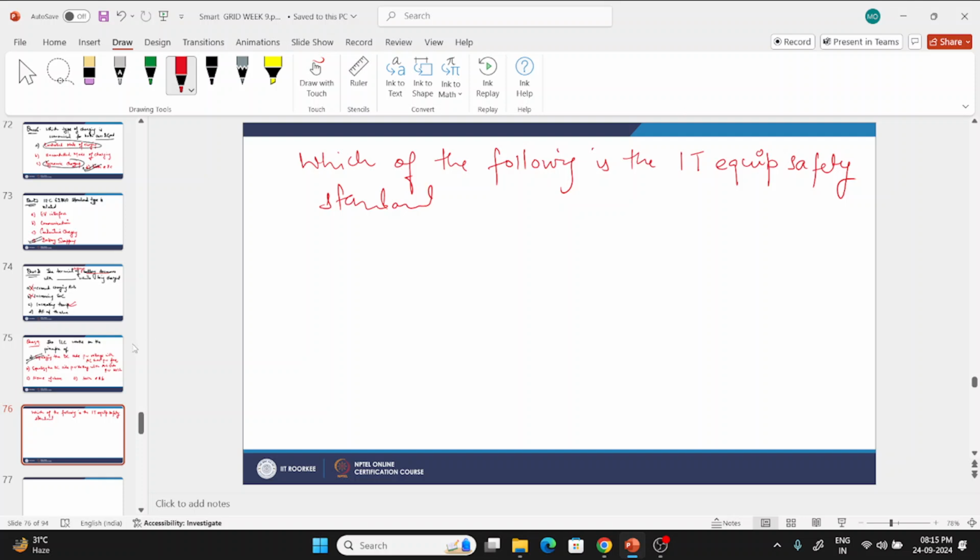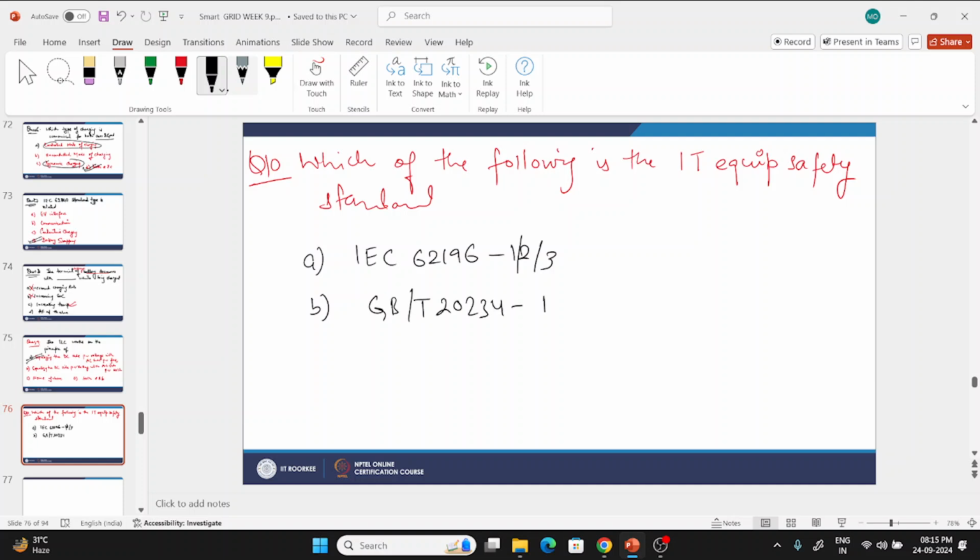Okay. Question number 10. फर्स्ट है IEC 62196-12-123. बी है GB/T 20234-123. दिस इज चाइना. सी IEC 609-501. डी, नन. ठीक है. तो इसमें बताओ कौन सा जो है स्टैंडर्ड आईटी इक्विपमेंट सेफ्टी को करस्पॉन्ड करता है?